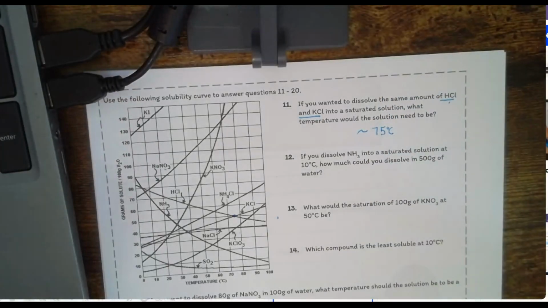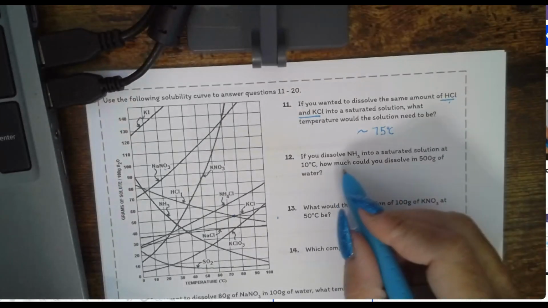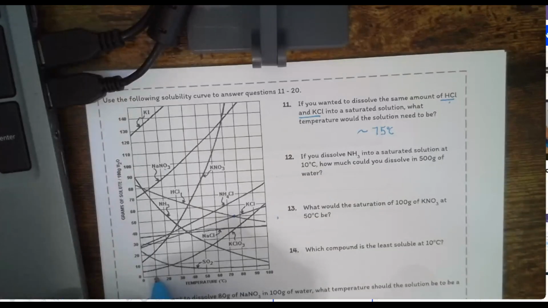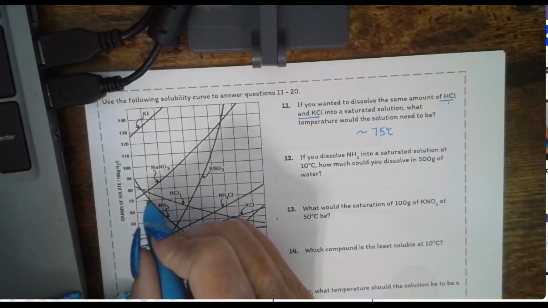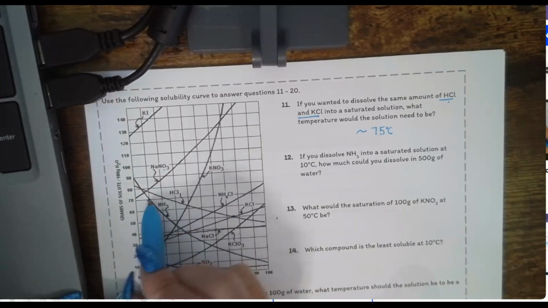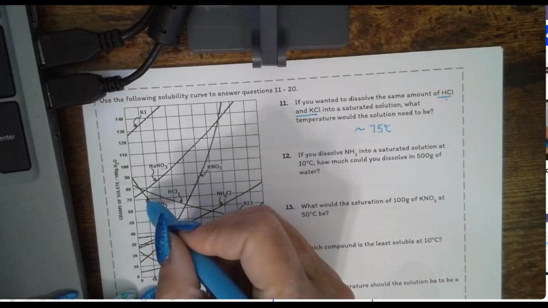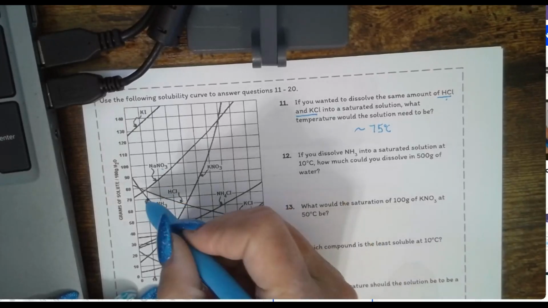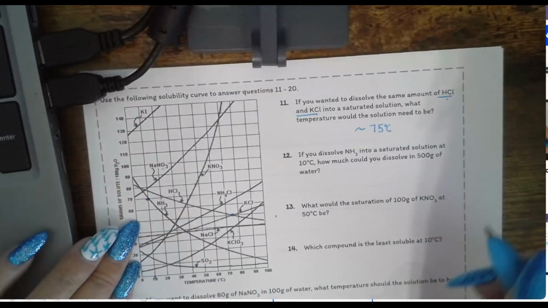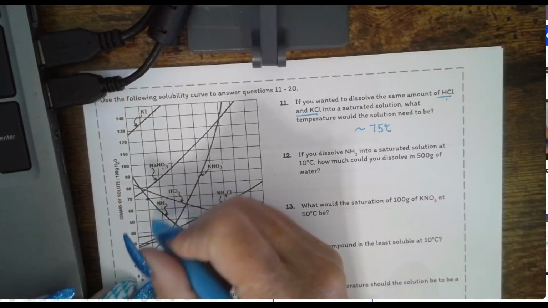If you dissolve NH3 into a saturated solution at 10 degrees Celsius, how much could you dissolve in 500 grams of water? So we've got 10 degrees, and we're looking at NH3. NH3 is up here. So NH3 is this line. If I have a saturated solution of NH3 at 10 degrees, it would be a mass of 70 grams.